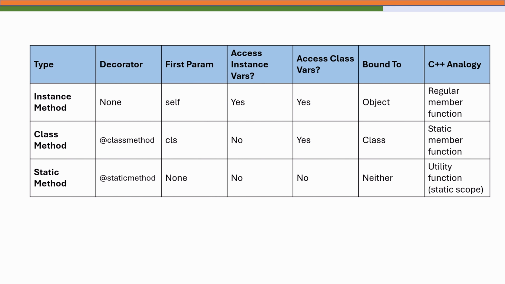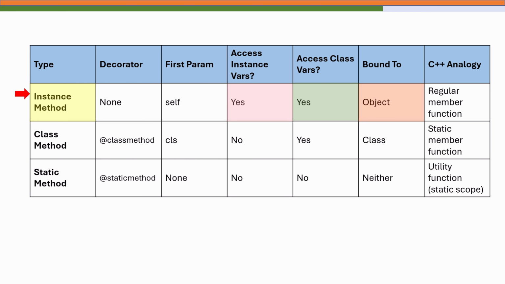So this is a comparative view of the three methods that we just covered: the instance, class, and static method. In instance methods, there is no decorator, but class methods and static methods have their separate decorators. As a first parameter, for instance methods we write self, for class methods we write cls, and for static methods we write nothing. The next column highlights the access with the help of instance variables or class variables, and then instance methods are bound to the object, class methods are bound to the class, and static methods are not bound to anything.